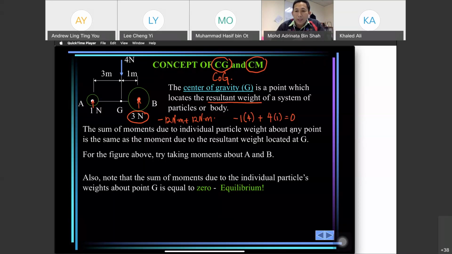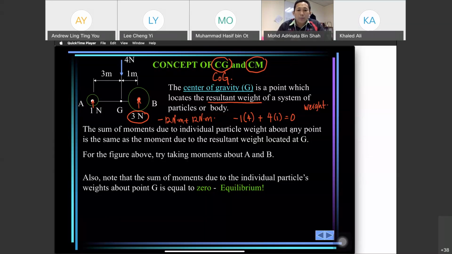So it is actually about our weight and the reaction force. Okay, so our body is in equilibrium.